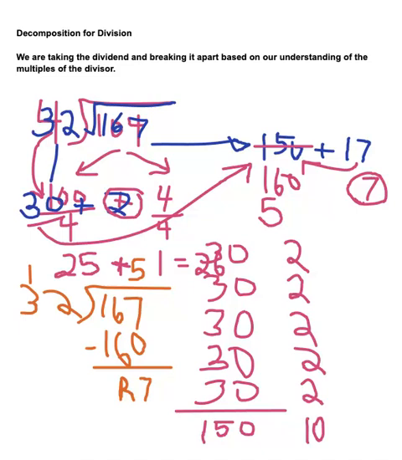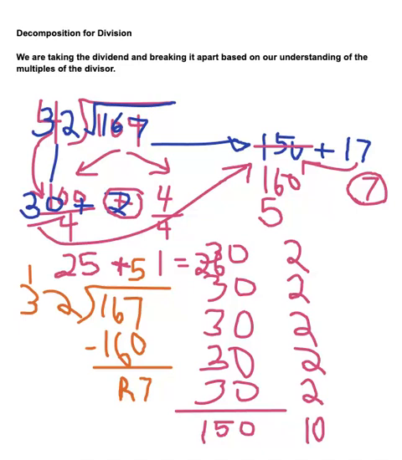Now, why does this work? Well, what's really important is the relationship between division and multiplication. They are interrelated. They're opposite sides of the same coin. So when I'm saying how many times does 30 go into 150, I'm also saying 30 times what gives me 150. I know 30 times 5 gives me 150.